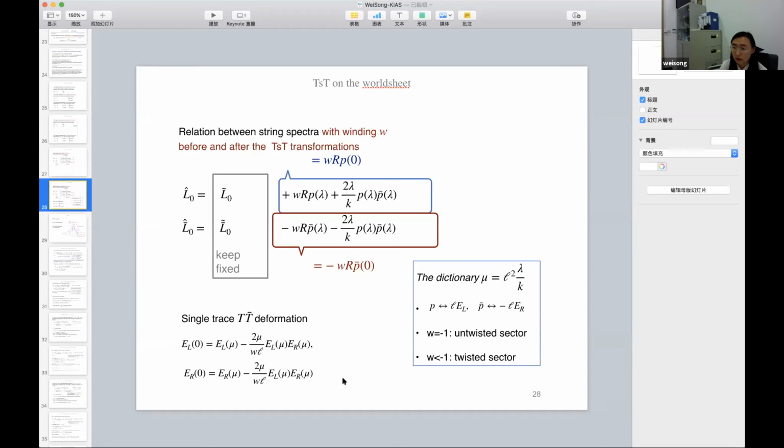So you mean depending on W, the spectrum might be different from the double trace one, and it has this extra parameter. Okay, thank you. But it looks like it's not unrelated.